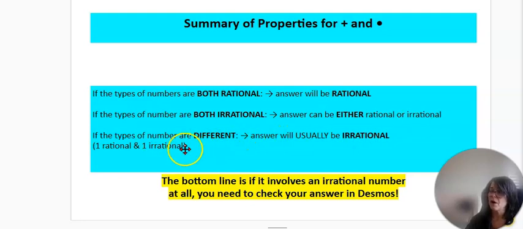If the numbers are different, one rational, one irrational, usually the answer is irrational, but then again, there are some exceptions. I'm going to show you a couple of exceptions to these, but the bottom line is that if it involves an irrational number to begin with and you're adding or multiplying, you need to put it in Desmos and check and decide for yourself.